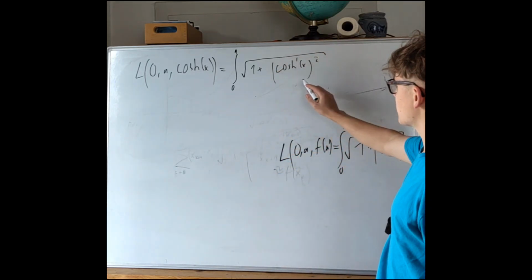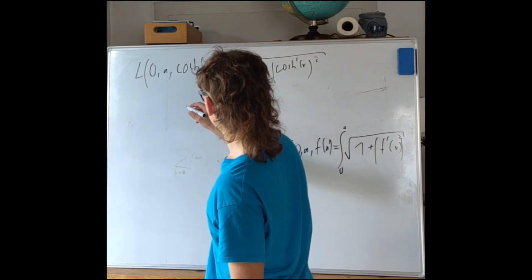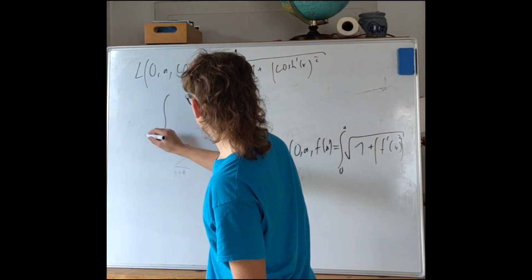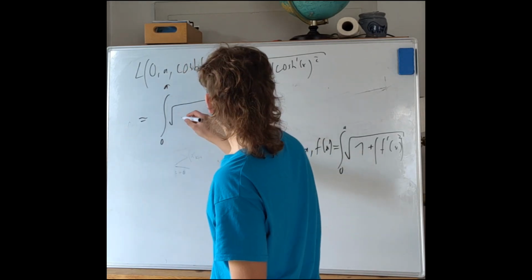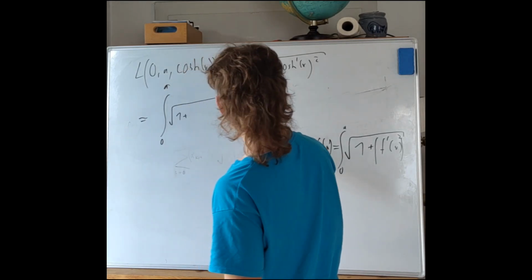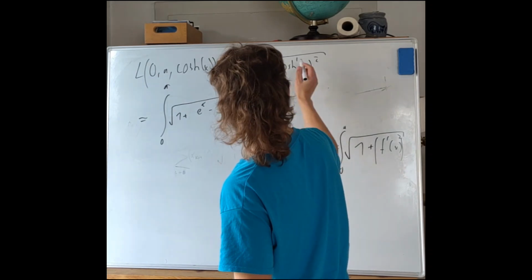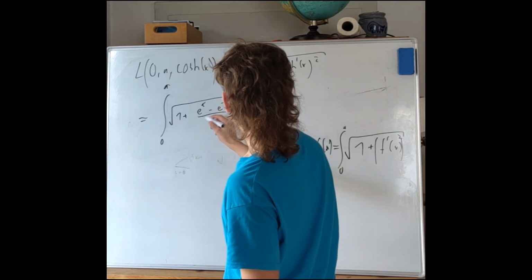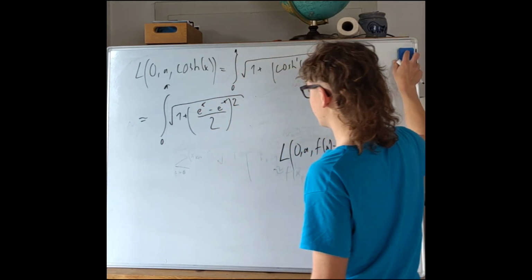Of course, this derivative is just sinh, and sinh is equal to e to the x minus e to the negative x, over 2. So we get the integral of the square root of 1 plus that quantity, then we square all of this.